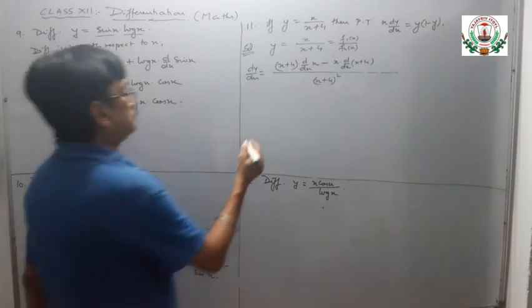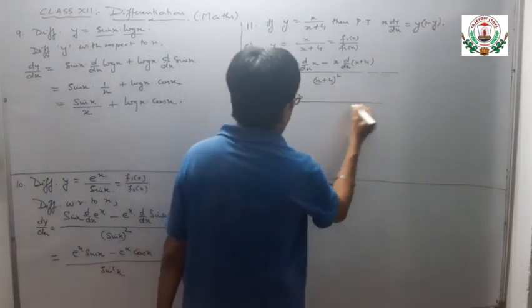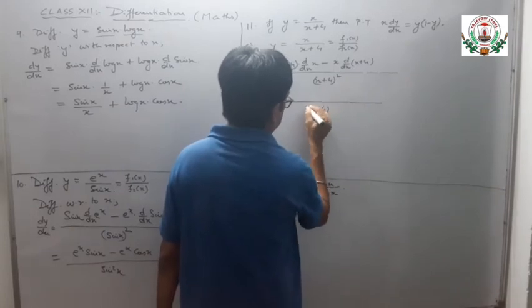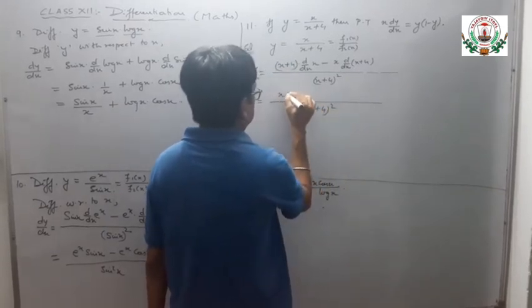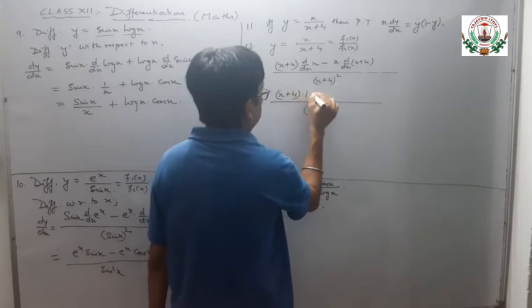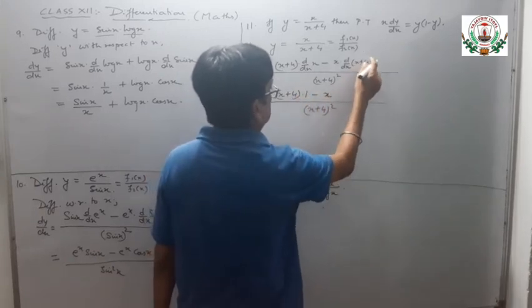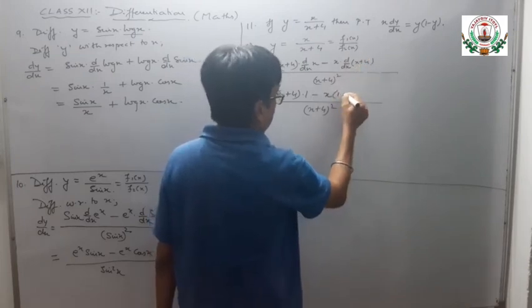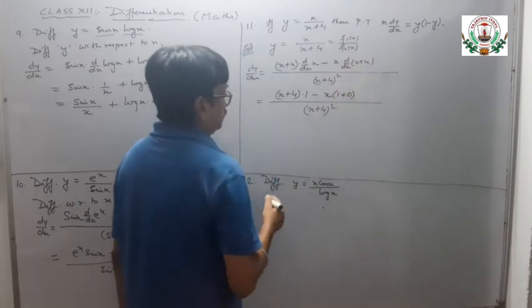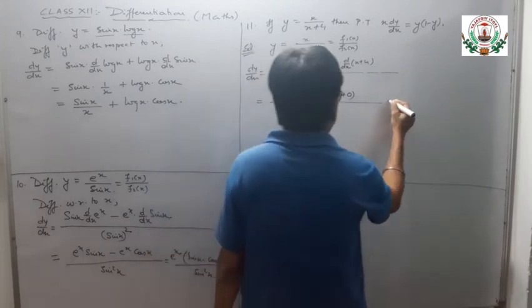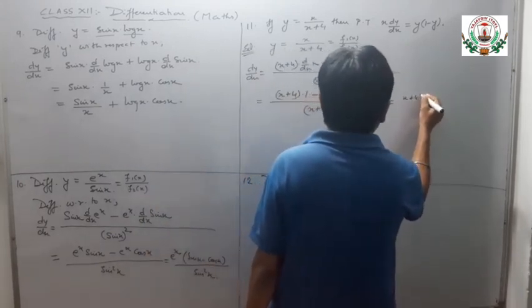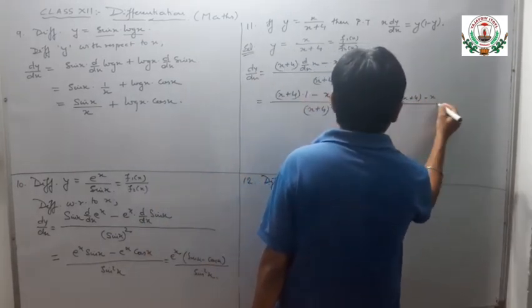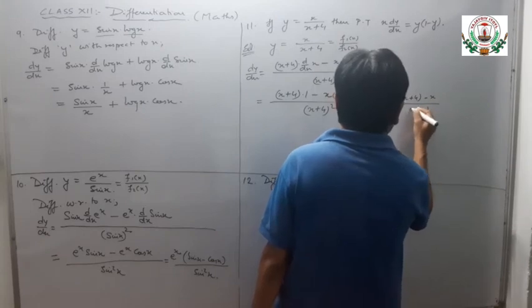Now x plus 4 the whole square, d by dx of x is 1, minus x, d by dx of 4 will become constant 0. Now we get it as x plus 4 minus x upon x plus 4 the whole square.